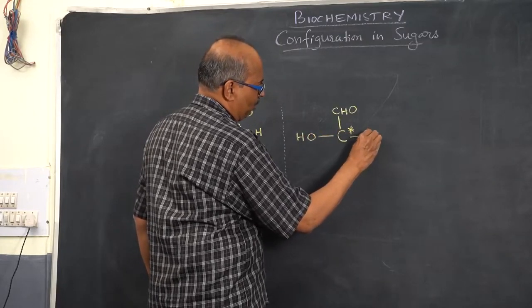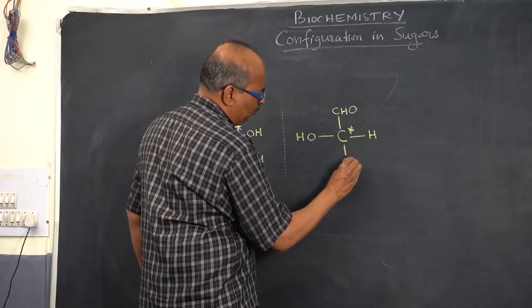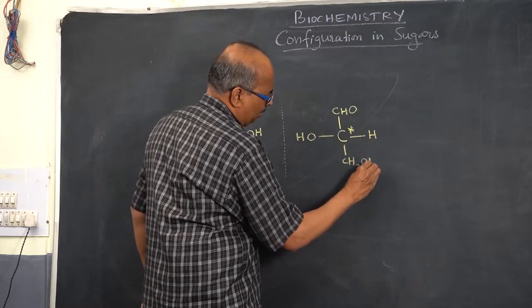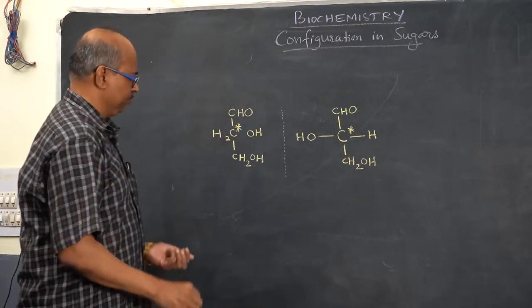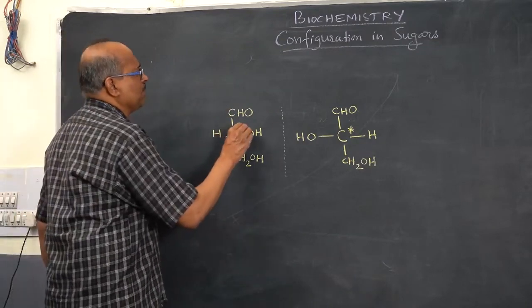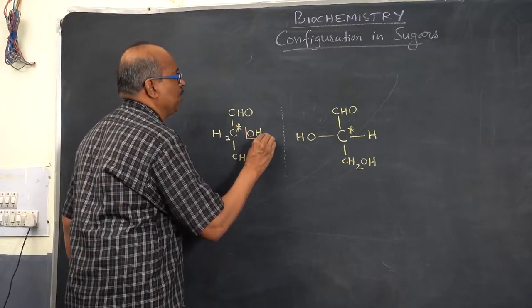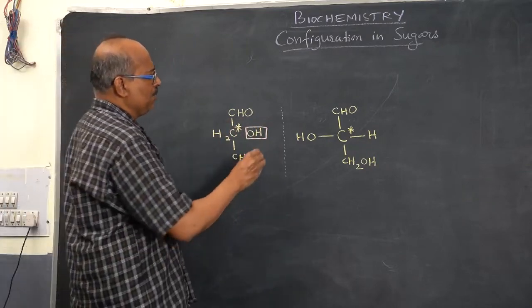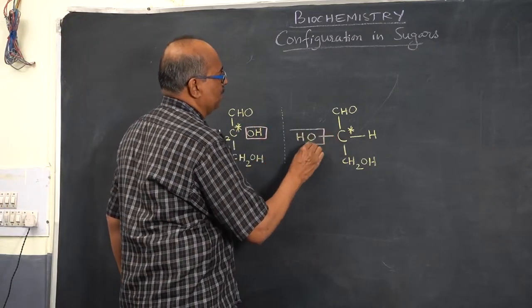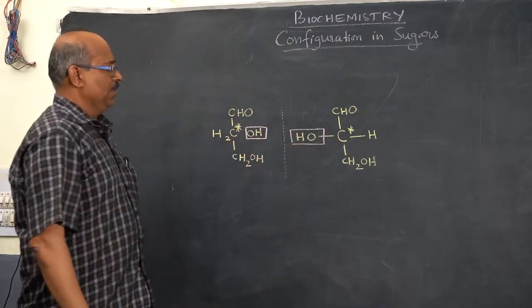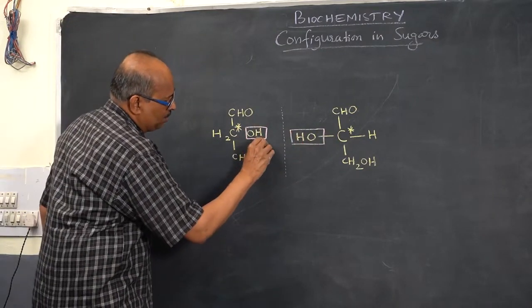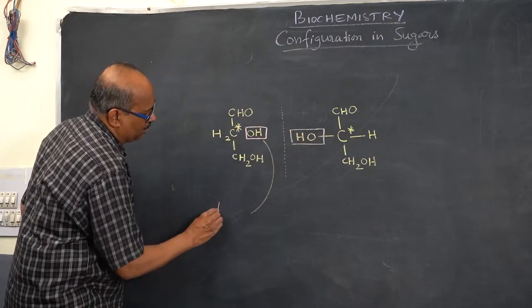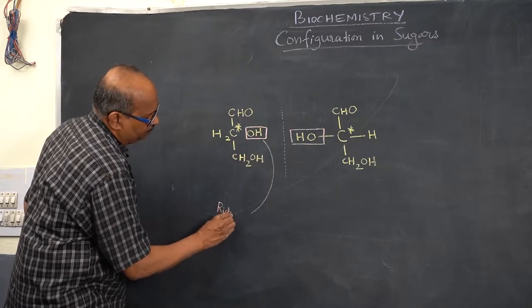So this is the other form, which if you carefully see, is a mirror image. The only difference that we are seeing is with respect to the carbon 2 group arrangement, not groups. Groups are the same, but group arrangement is different. Here the OH group is, in the 2-dimensional representation, on the right side.